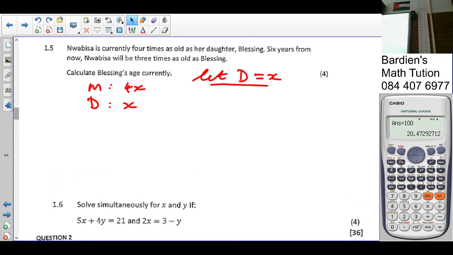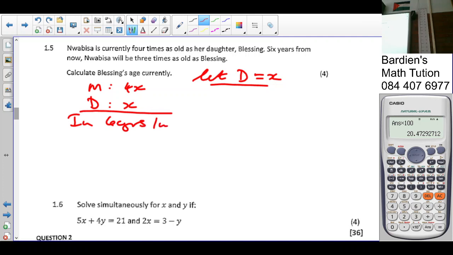Okay. Then we are told in 6 years from now. So in 6 years time, the mother will be how old? 4x plus 6.